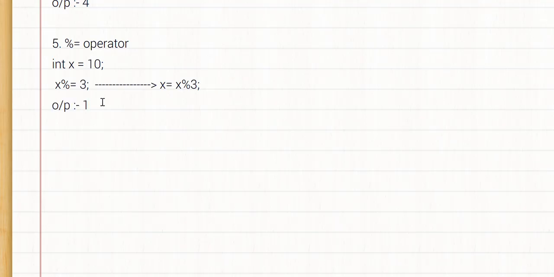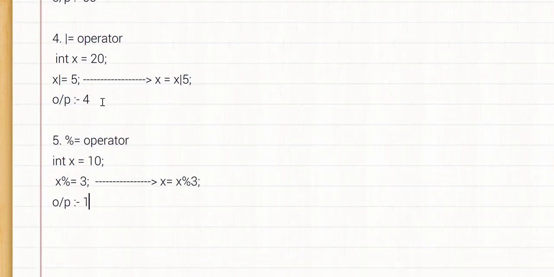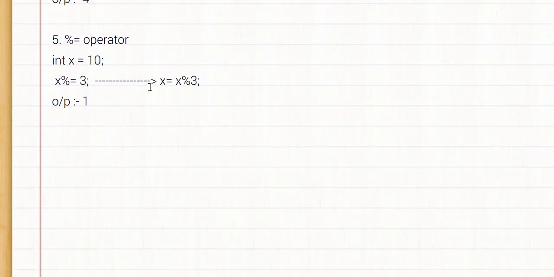Here 1. Also remember, for printing the output we always use this line specially. Don't forget, System.out.println of x. You have to print x here, then you'll get the output as 1.